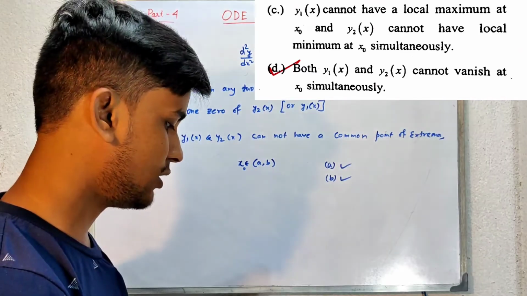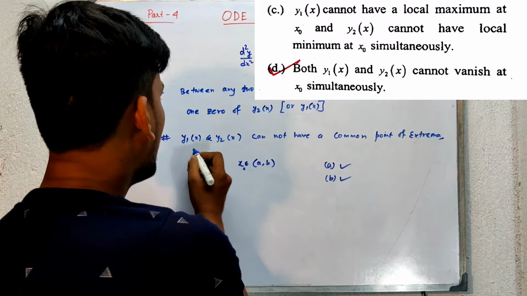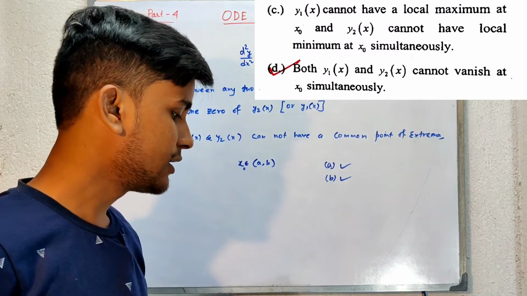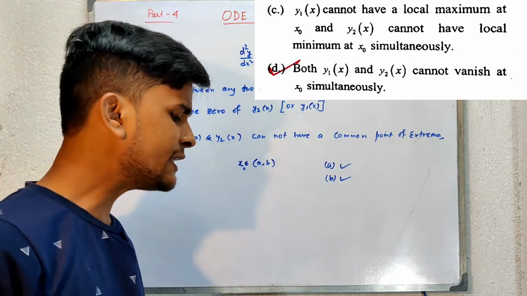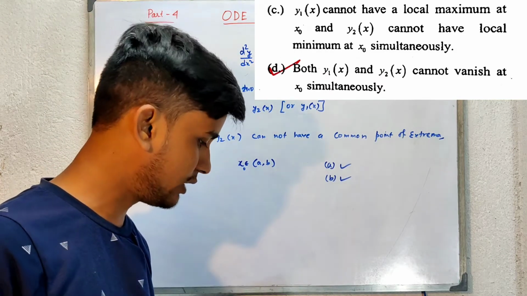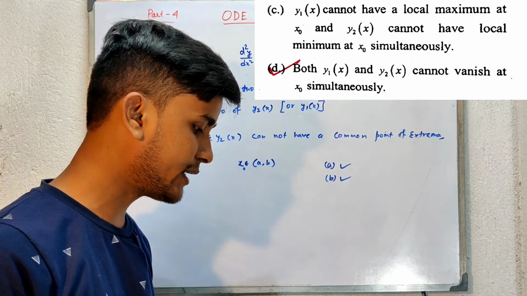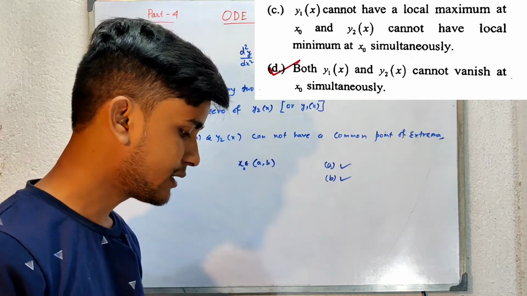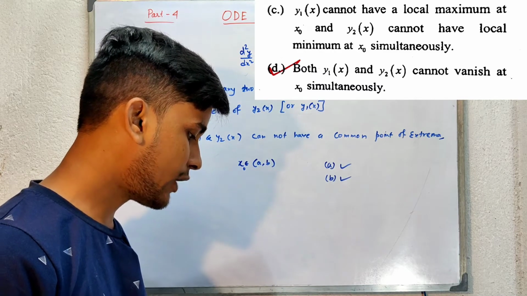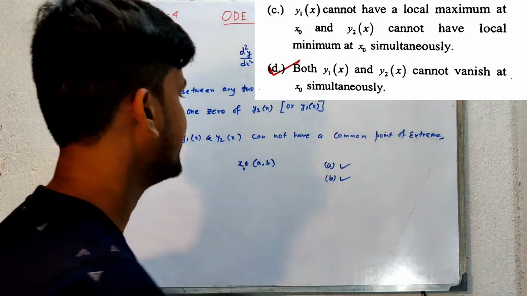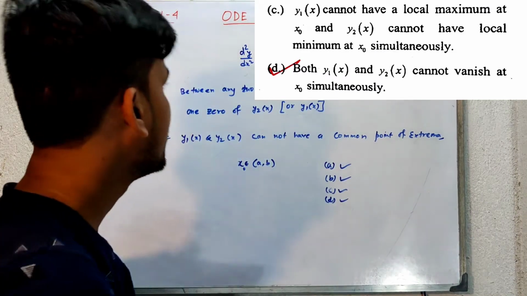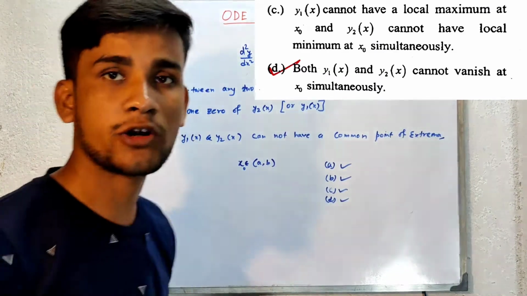This is also a correct option because y1(x) and y2(x) cannot have a common point of extrema. This option says exactly that: y1(x) cannot have a local maximum at x0 and y2(x) cannot have a local minimum at x0 simultaneously. Option D says both y1 and y2 cannot vanish at x0 simultaneously. Yes, C is also correct and D is also correct because both y1 and y2 cannot have a common zero.